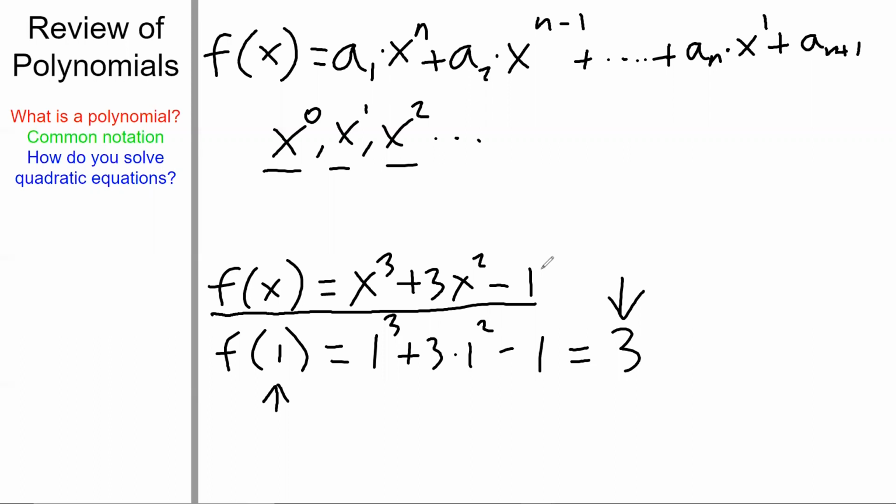So here I have an x cubed, and wherever I see an x, I plug in a 1 if I asked you to find f of 1. So that would give you 1 cubed. And 3 times x squared here would give you 3 times 1 squared. Yes, x is the variable.